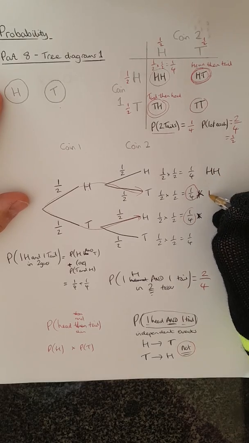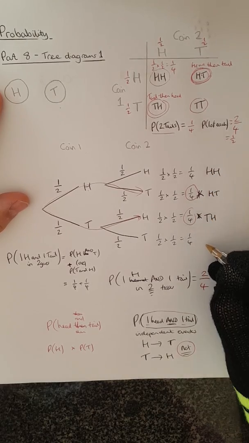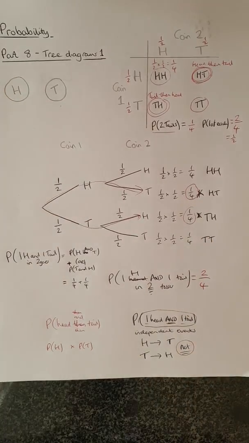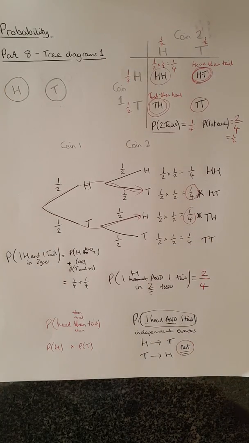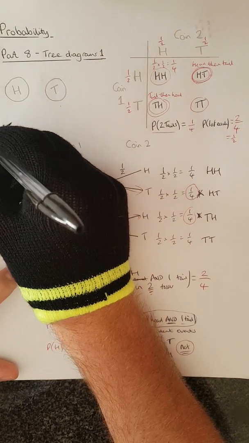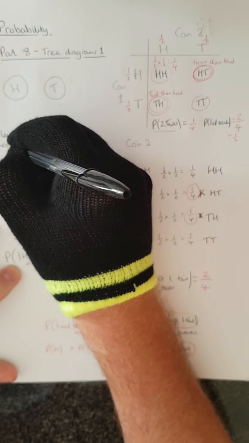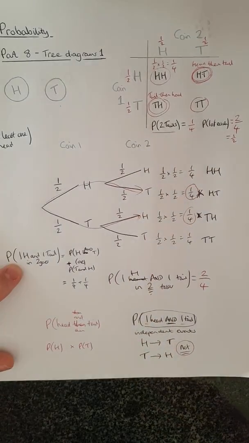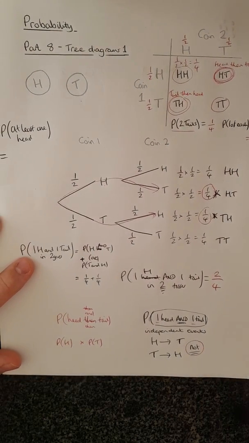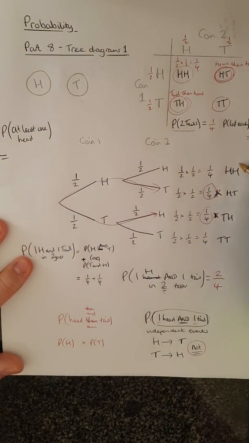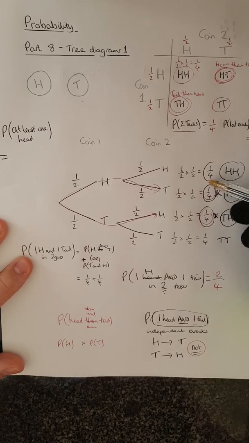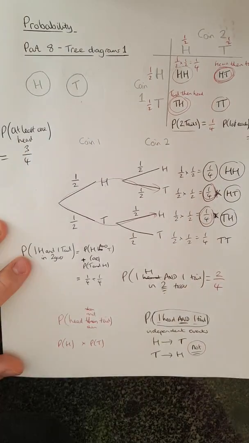It might be helpful to write this down at the end to see that it's exactly the same as your possibility space diagram. Okay, now if I said to you now, what is the probability of at least one head, you could probably confidently say, well, that one, that one, that one. So it's that, add that, and that's 3/4.